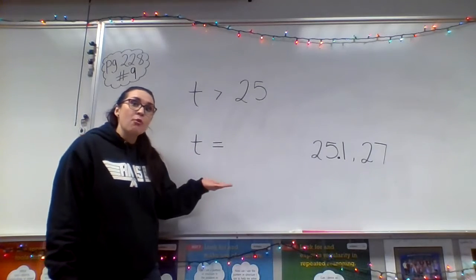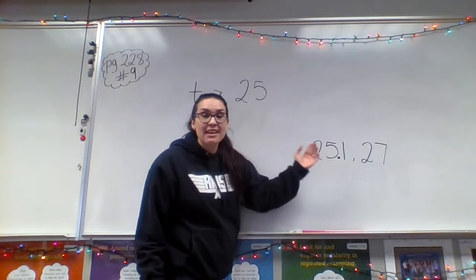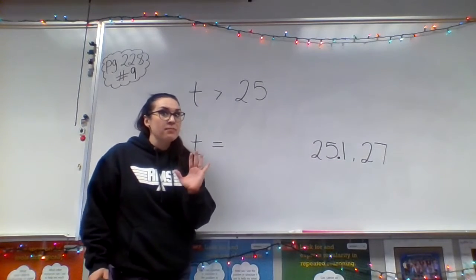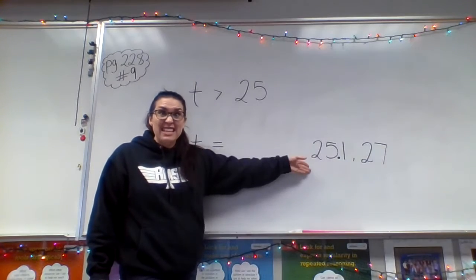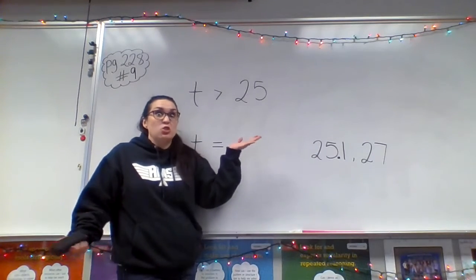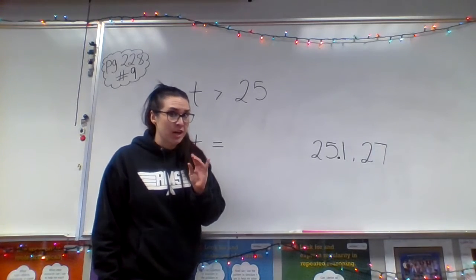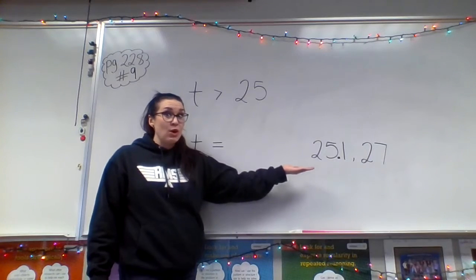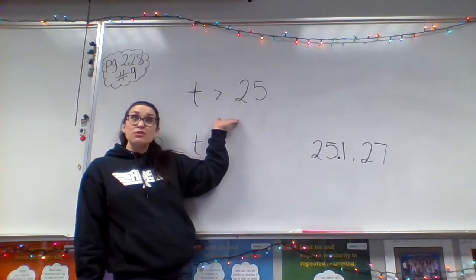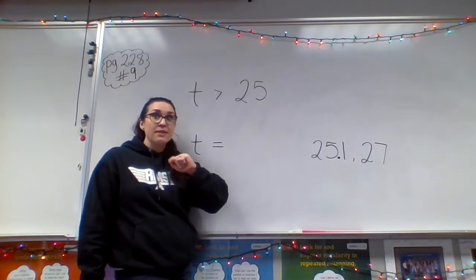That leaves us now with 25 and 1/10. Now, think about it this way. Is it true that $25.10 is bigger than just 25? Of course, even though it's not much greater, it's still greater. Therefore, 25 and 1/10, that is a possible solution, a possible value for our little variable over here.